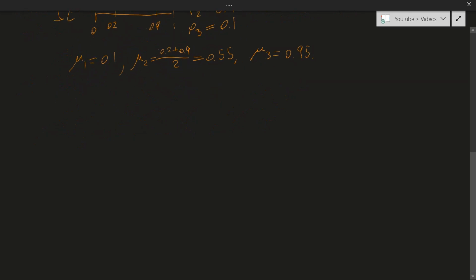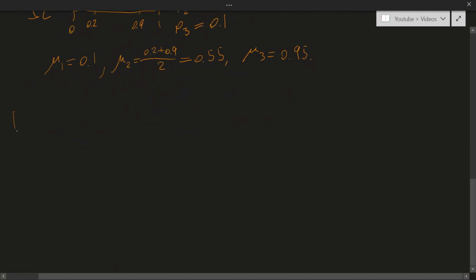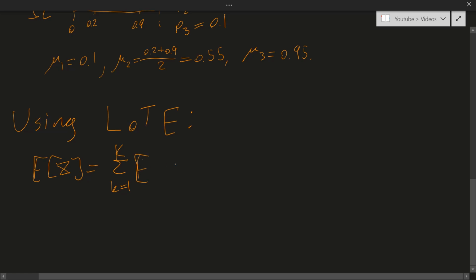Now we continue with the theory. So using the law of total expectation, we can see that the mean of x we can write as the sum from k equals 1 up to K of the mean of x given x in omega_k, because this was a partition, multiplied by the probability of x being in omega_k.